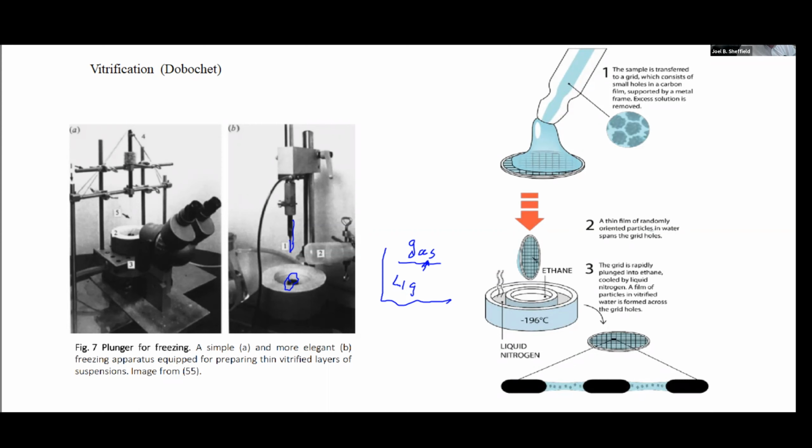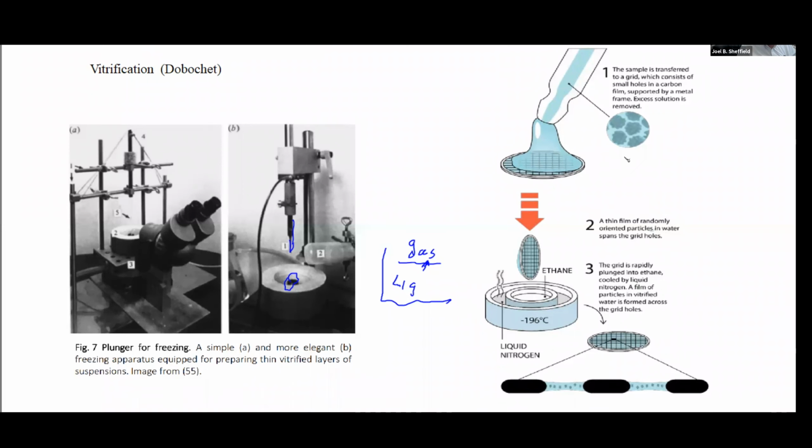And the sample is an electron microscope grid, which you can sort of see in this diagram, with little holes in it, with little spaces. And the water is first applied to the grid. This is a drop of water, sort of strange looking drop.